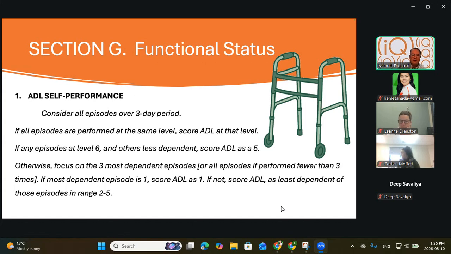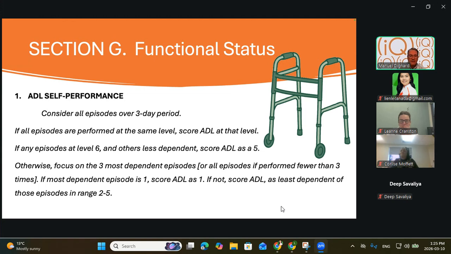And then otherwise, you focus on the 3 most dependent episodes, okay? Now, if all episodes are performed fewer than 3 times, okay, because we're only looking at 3 days, right?